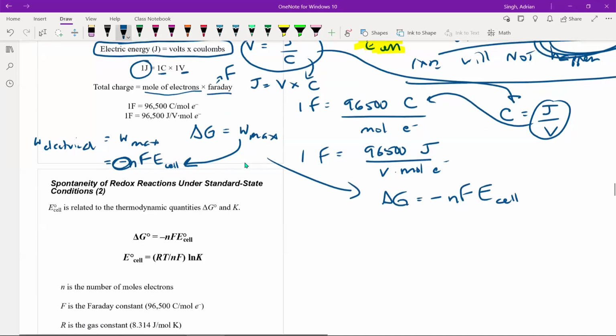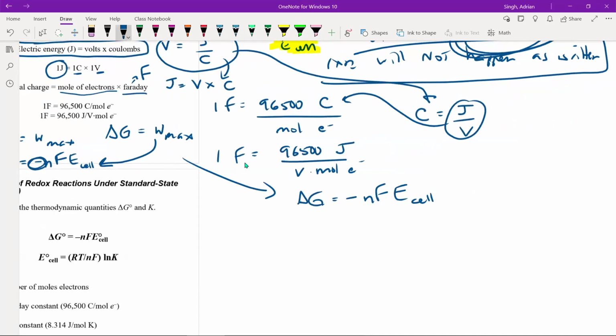A couple of things to note about this relationship. N here, the number of moles, is a positive value. Faraday's constant is also a positive value. And we know that in order for delta G to indicate a spontaneous process, the sign for delta G needs to be negative.